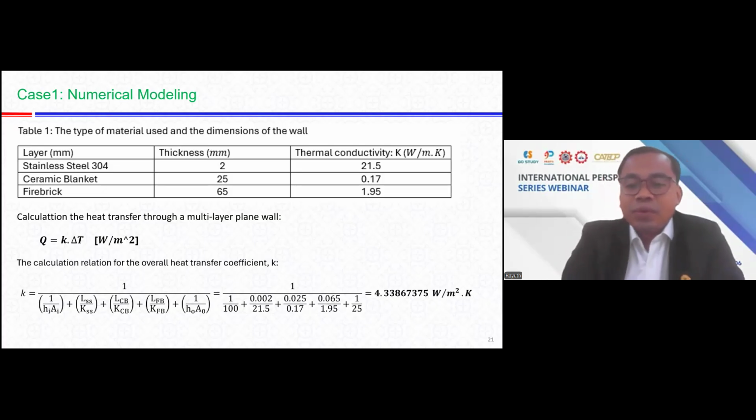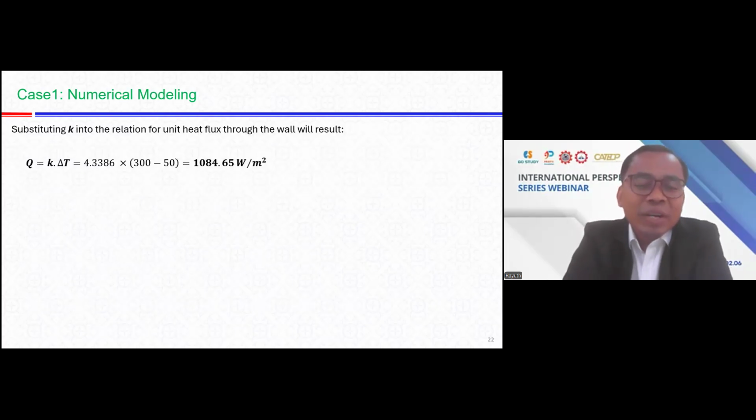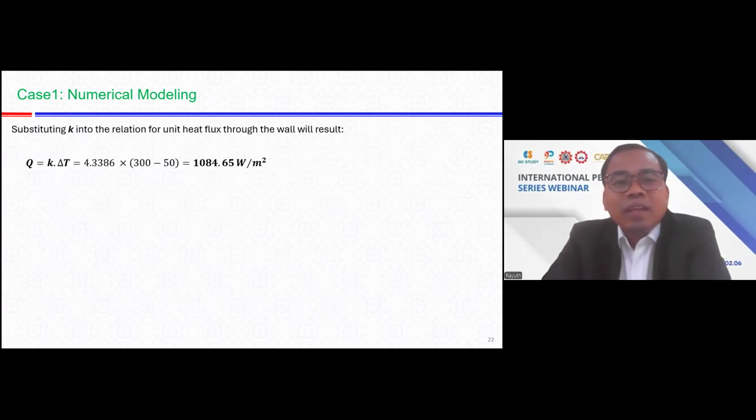As I mentioned, we substitute into the formula. The hot temperature is 300 and the surface temperature is 50. I take only the result from the calculation, 4.3387, since the full calculation is long.